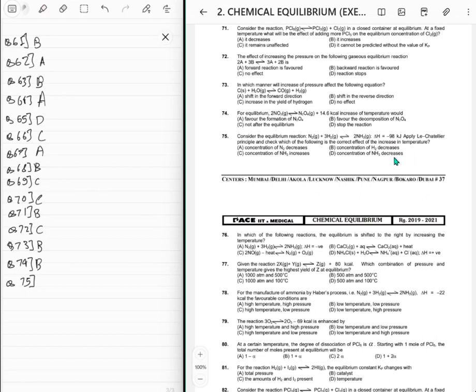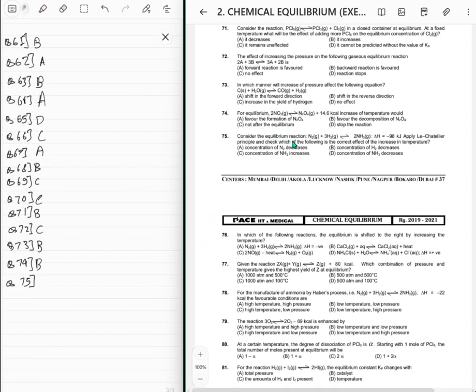So delta H is negative, exothermic. Increasing temperature will favor the backward reaction, right? And over here too, delta H was negative because this had more energy, and that's why it was able to give energy out. Enthalpy is not exactly energy, but you understand what I'm saying, right? The change in enthalpy is the heat. So that's why delta H was negative.